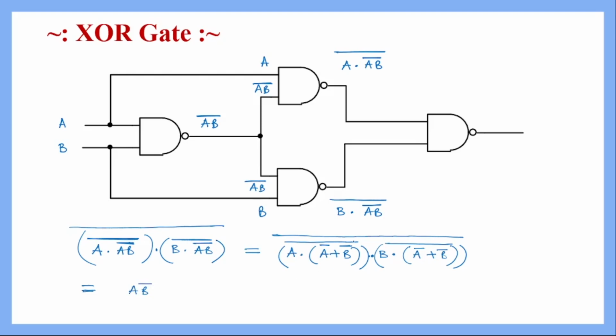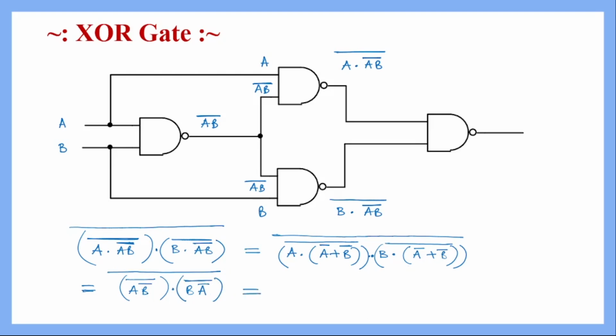From the second term, again B and A bar, so B A bar, plus B and B complement, which gives us 0. So this will be our second term, and between these two terms we have AND, followed by NOT.